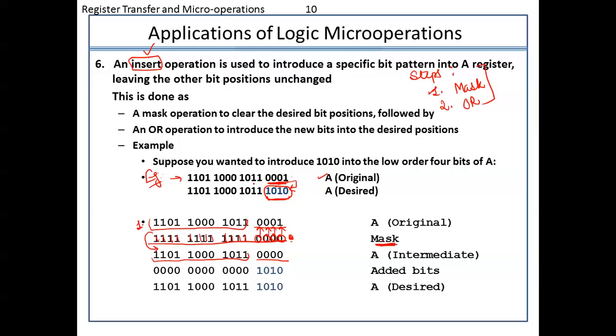Actually, what is happening here is that in order to insert new data, I can't insert it directly. I need to clear this data first, and only after clearing the data will I be able to insert the new data. Now the second step: I have to perform the OR function. So let's add the bits.